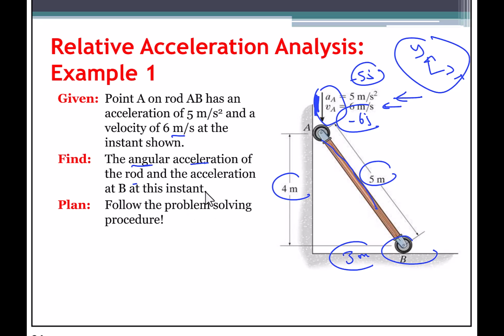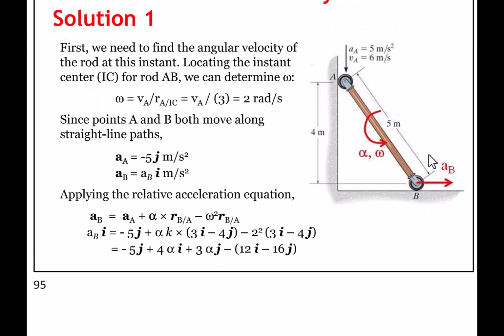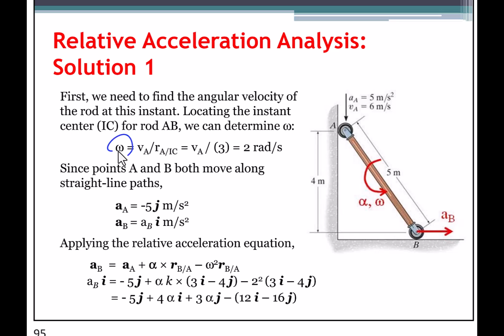And we want to find these two things, the acceleration here. We want to find the acceleration of this rod. Okay, so what can we do? We'll write, first of all, the angular velocity of this rod.